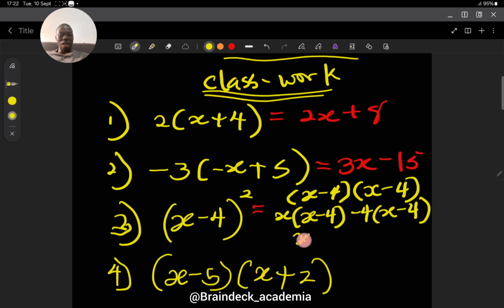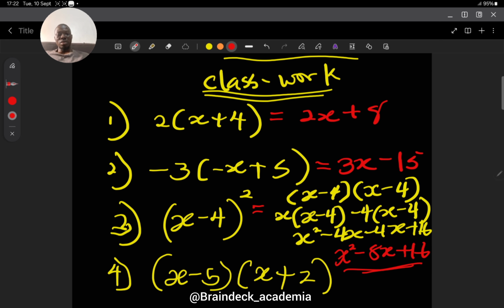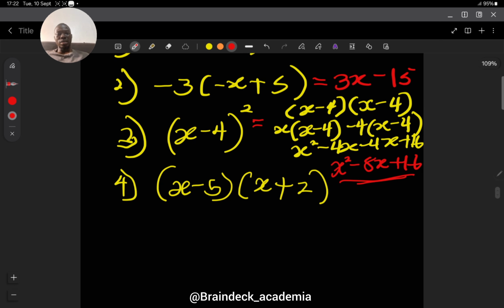This will now give me x squared minus 4x minus 4x plus 16. Like terms, our final answer is now x squared minus 8x plus 16. And that's our answer for number 3. If you have that, you are correct.